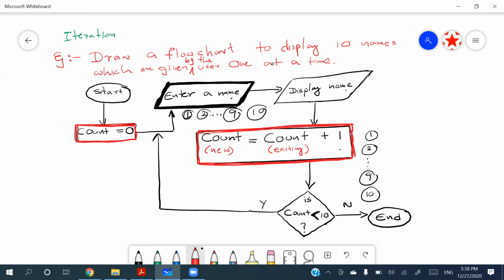So we can execute this particular equation.